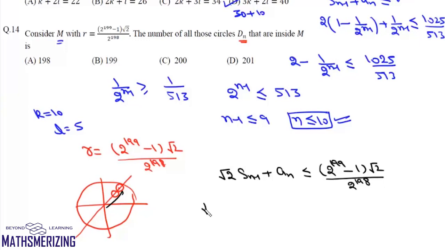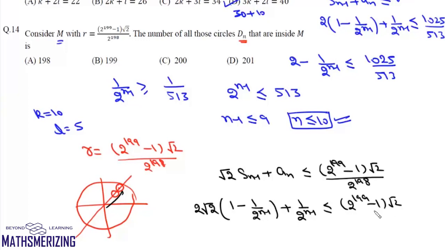Now this is root 2. Now Sn minus 1 is 2 into 1 minus 1 upon 2 to the power of n minus 1, plus 1 upon 2 to the power of n minus 1, which will be less than or equal to 2 to the power of 199 minus 1 root 2 upon 2 to the power of 198.